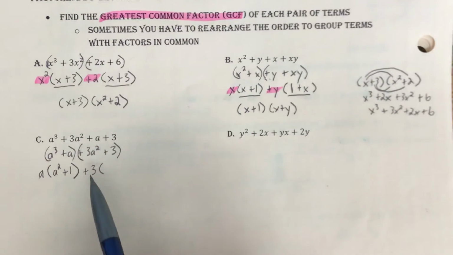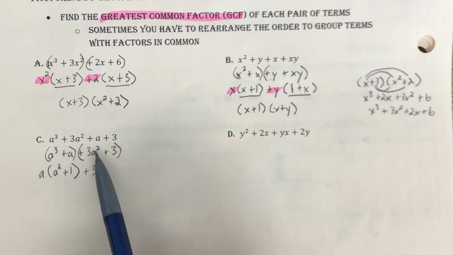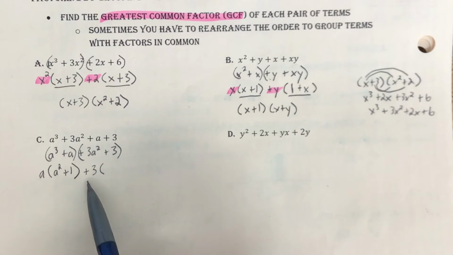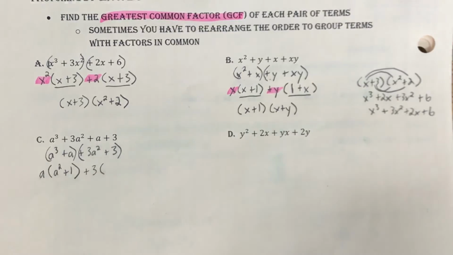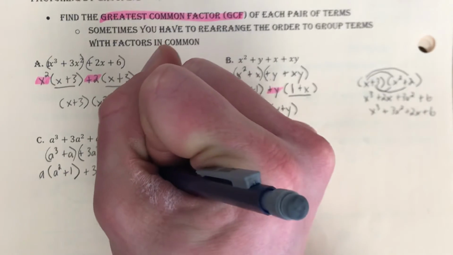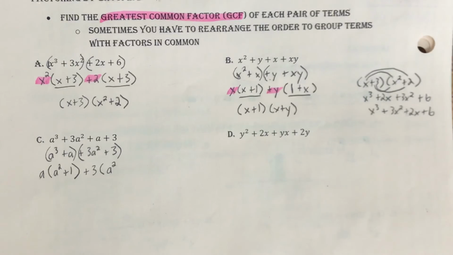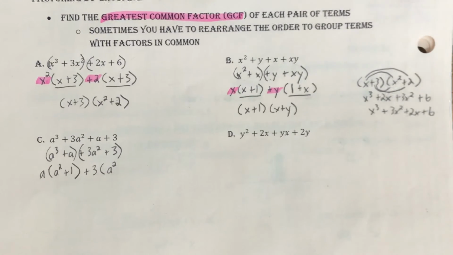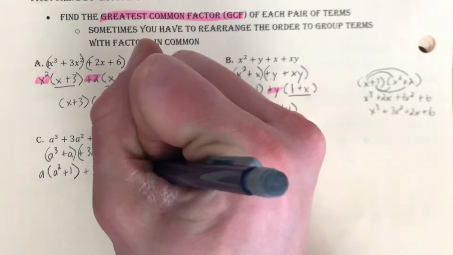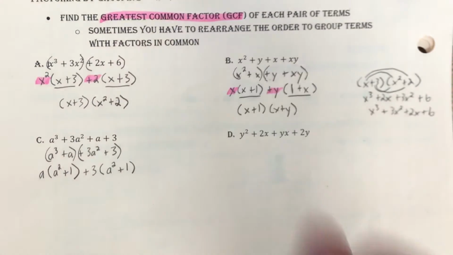What did I multiply positive 3 by to get to positive 3a squared? Well, positive 3 times 1 equals positive 3. A squared is all I have left, so I'm just going to put my a squared. Then what did I multiply positive 3 by to get to positive 3? Again, the only thing I could do is positive 1.